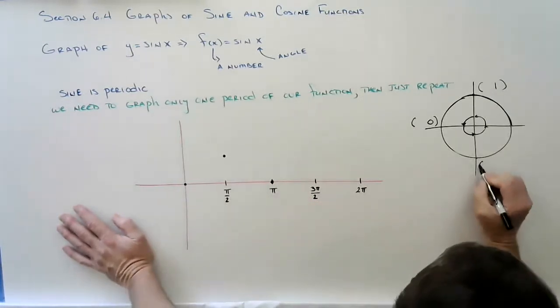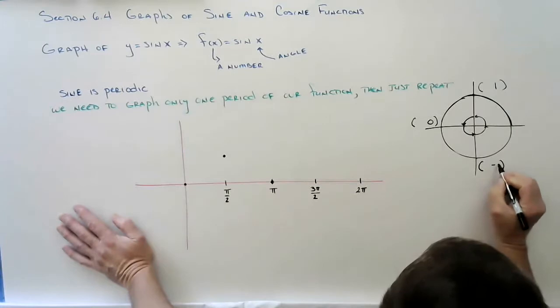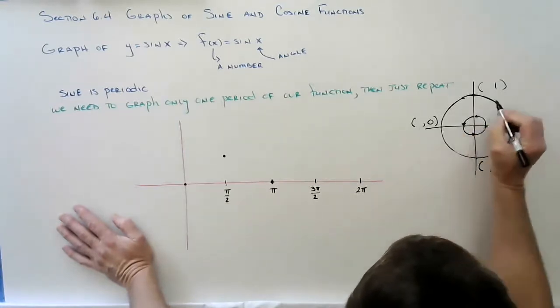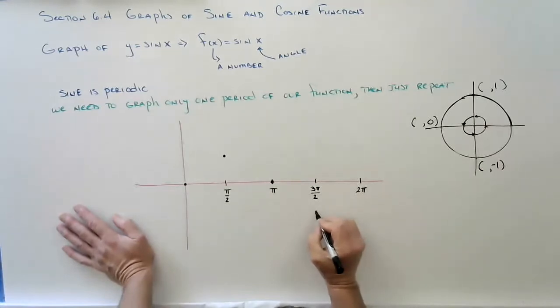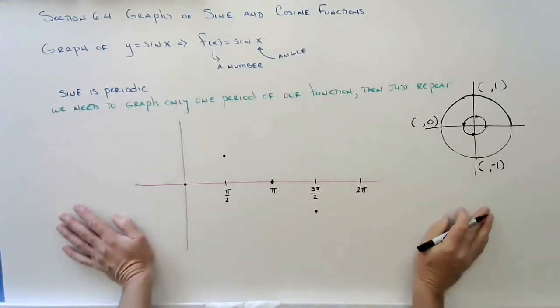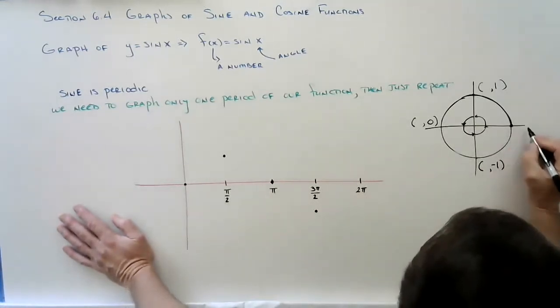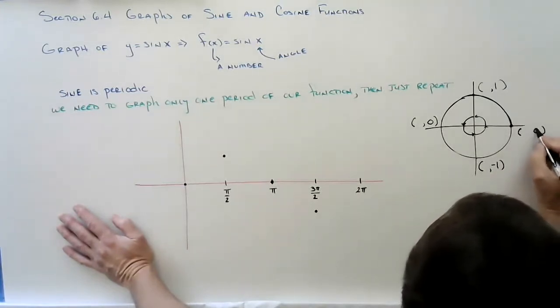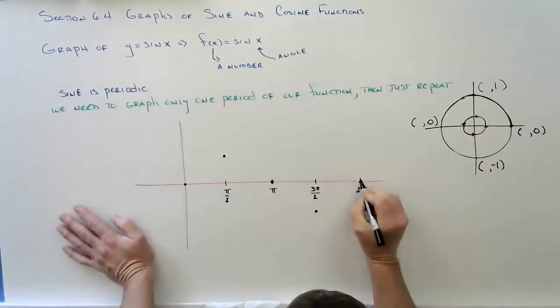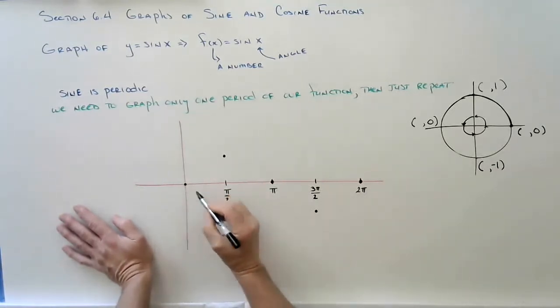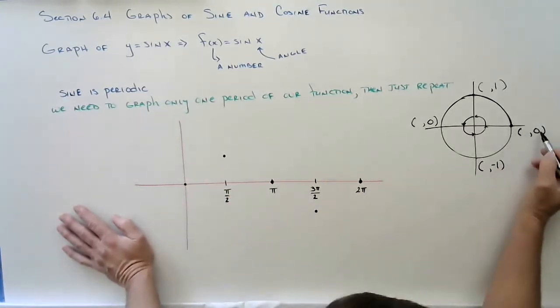We know at 3 pi over 2, sine is equal to negative 1. And we know at 2 pi, sine is equal to 0 again. Just like at 0, sine is 0.